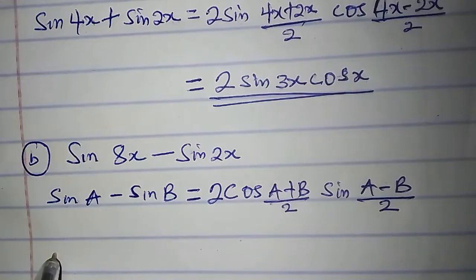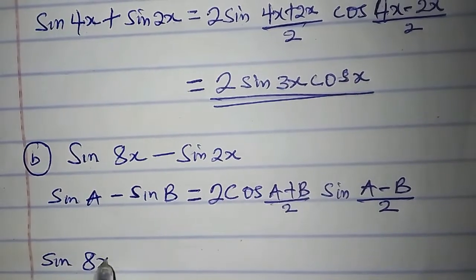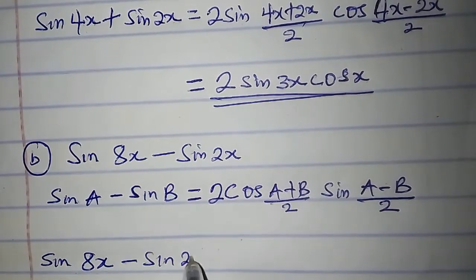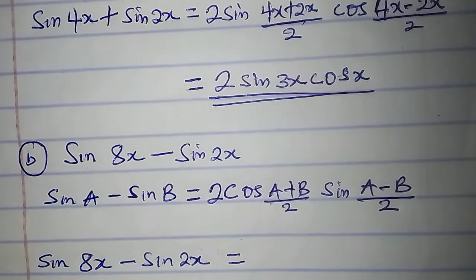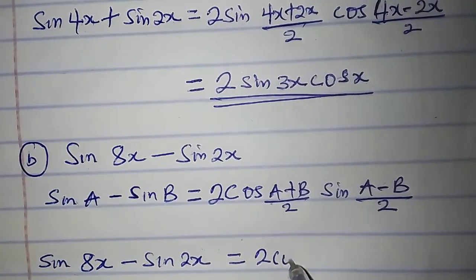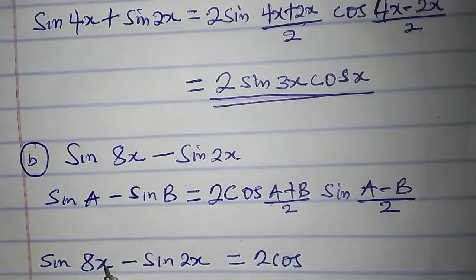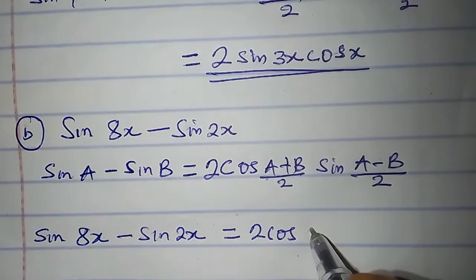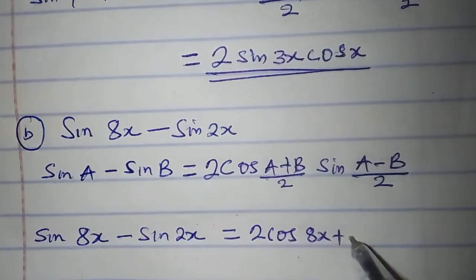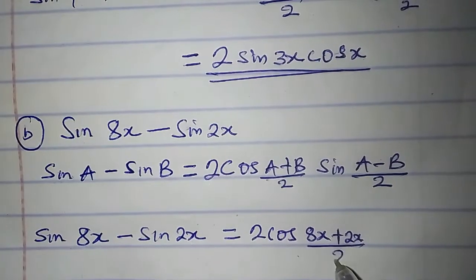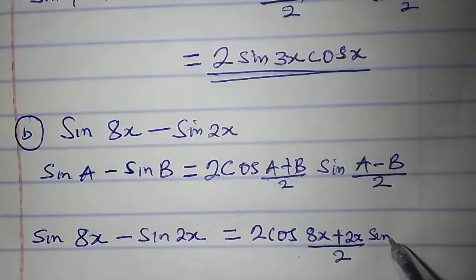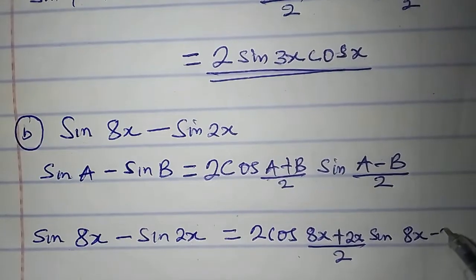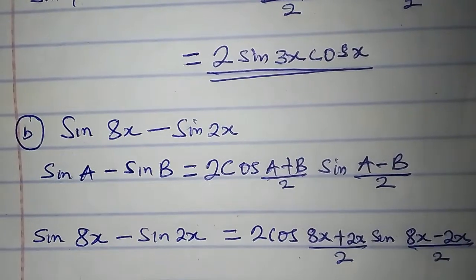And so therefore, sin 8x minus sin 2x will be equal to 2 cos, A is 8x, B is 2x. So we have 8x plus 2x all over 2, sin, 8x minus 2x all over 2.